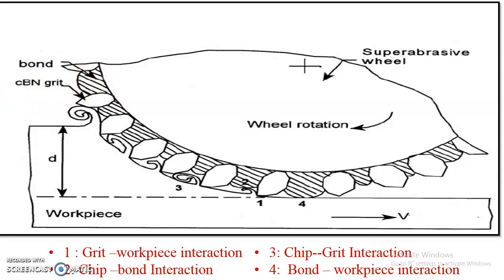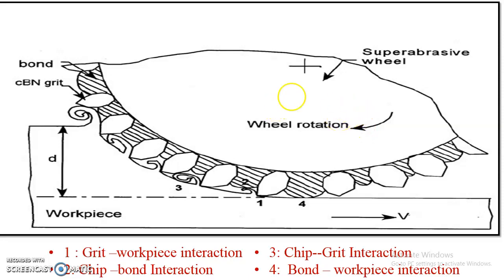And now we will see when this wheel comes in contact with this workpiece. You can observe at point number 1 there is interaction between the grit and the workpiece. Keep in mind, this is called a grit or abrasive particle. The particle and the workpiece interact at point number 1.